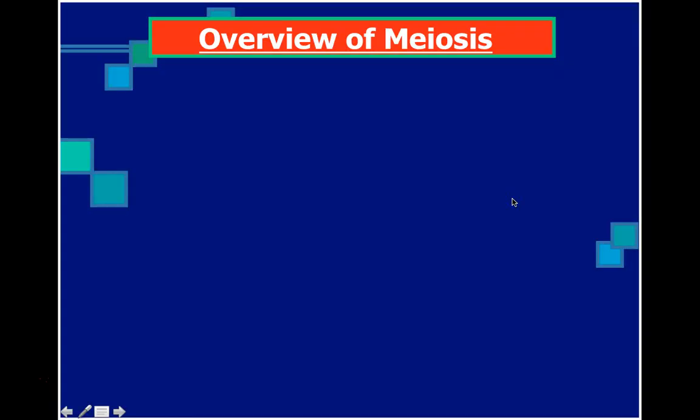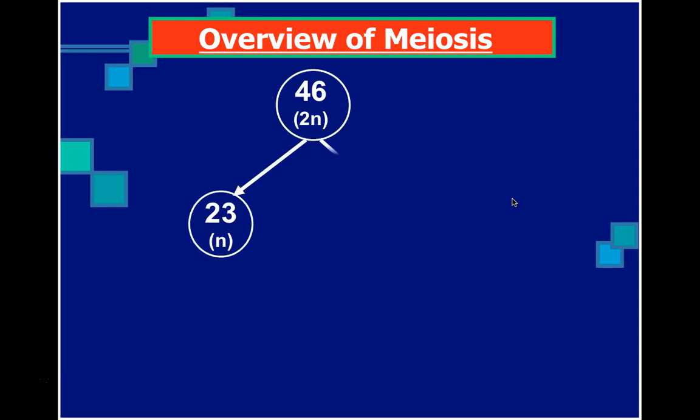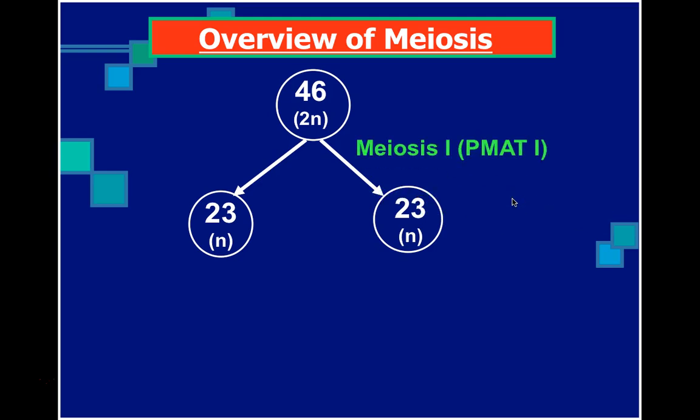So let's take an overview of meiosis. Let's see what is similar to mitosis and what's different. As you can see here, we're starting off with our diploid cell. Remember, 2N stands for diploid, 46 stands for how many individual chromosomes are found in the cell. So you have an original diploid cell.